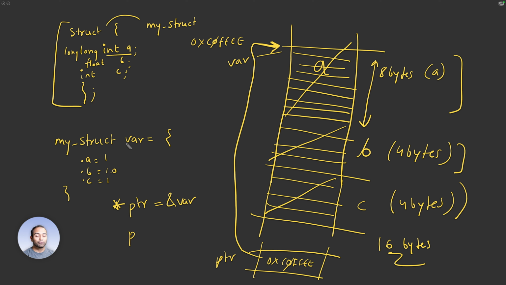And so now the question is, how do you go about addressing different elements within this memory region, and how would the syntax for that look? And also, because this PTR now, I should have written struct my struct star PTR, right? So yeah, struct my struct star PTR.